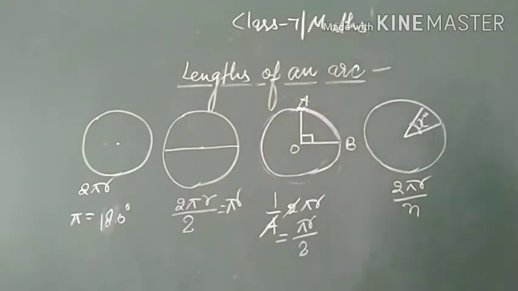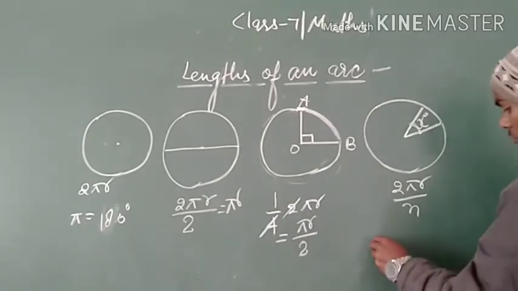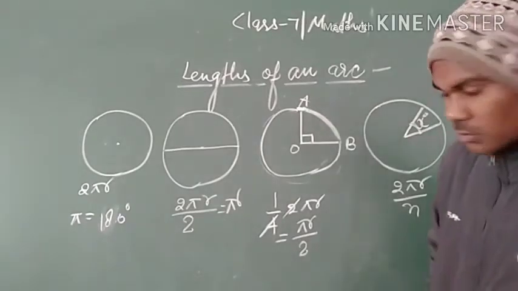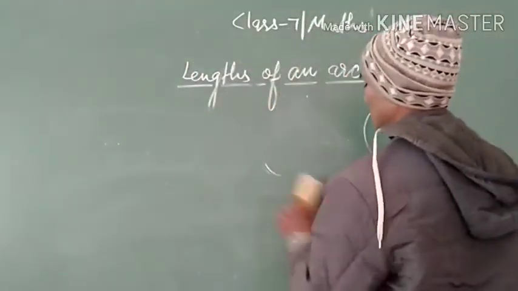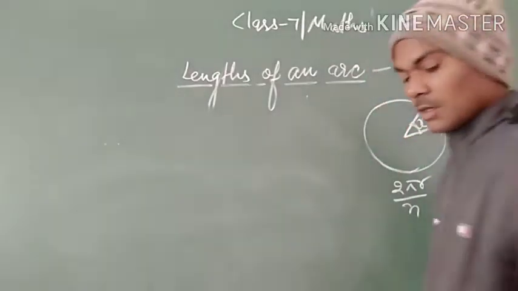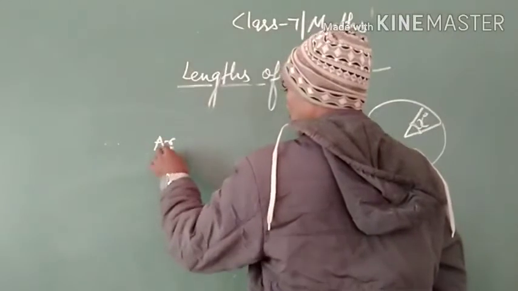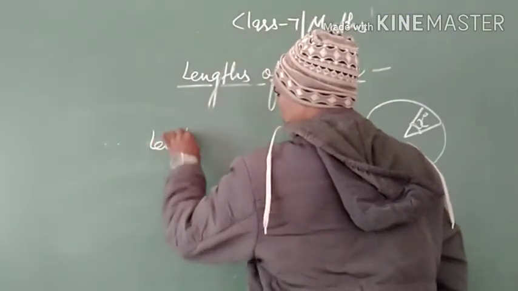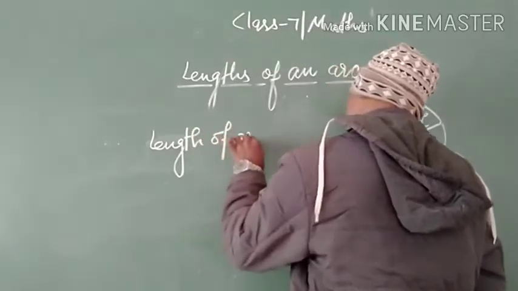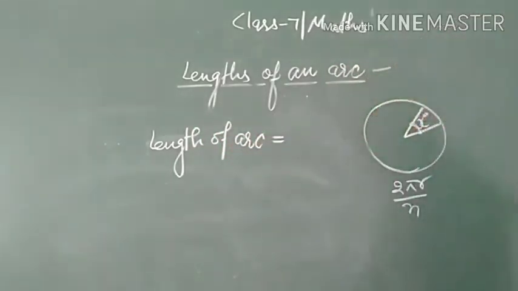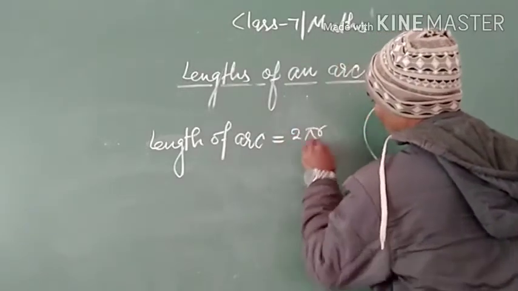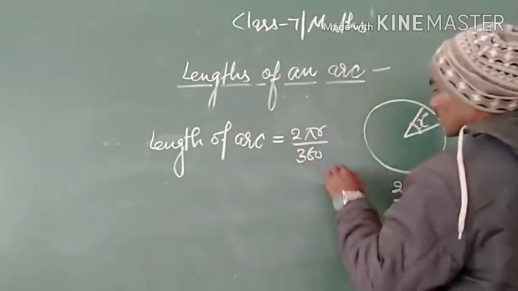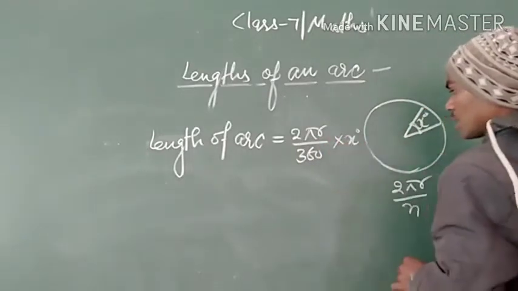Then the length of arc will be equal to 2 pi r upon 360 multiplied by x degrees.